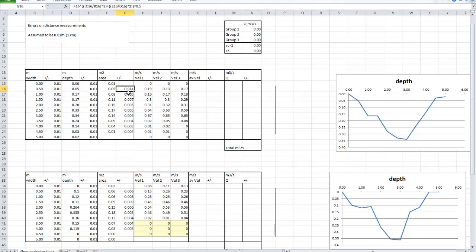The errors that are worked out on those are a standard way of working out an error when you multiply two numbers together. So you can have a quick look. In the heart of it, you have the error, so C16 is an error divided by the number itself. So C16 divided by B16, so the error divided by the number squared plus the error divided by the number squared, and then we take the square root.